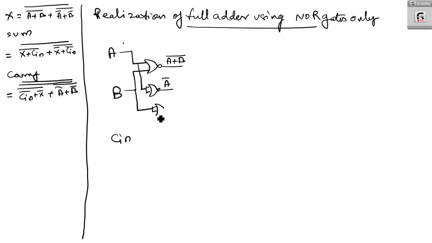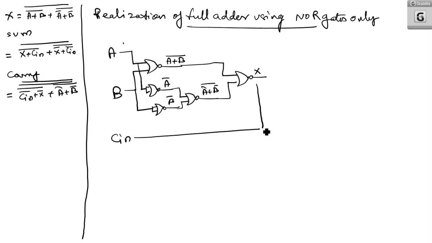You will get B bar and take NOR of that. That is A bar or B bar the whole bar, and take NOR of that too. Taking the NOR of that too, you will get H. So H is ready. Now next one is H XOR Cin whole bar.